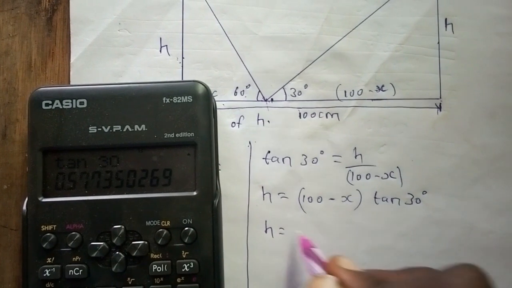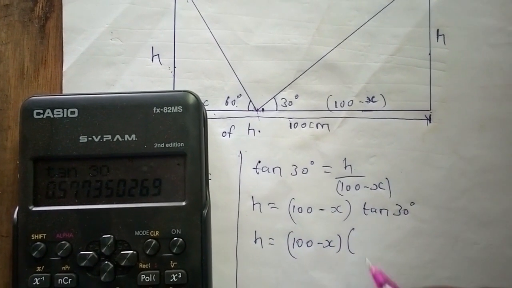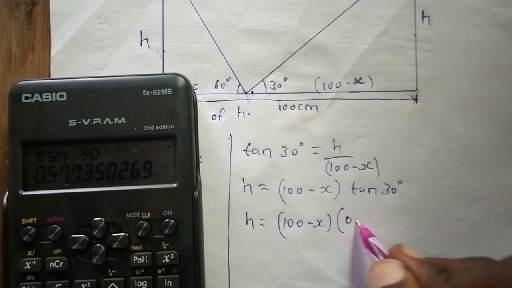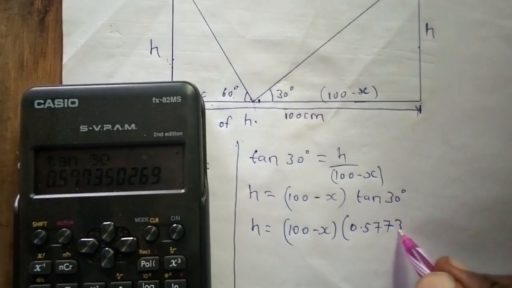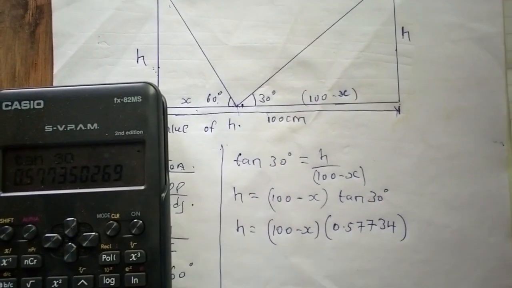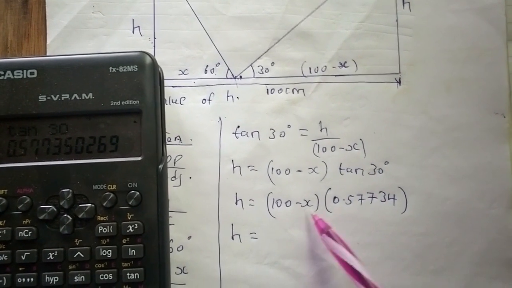Tan 30 degrees is 0.57734. So h is equal to 100 minus x, times 0.57734. Now open the brackets.